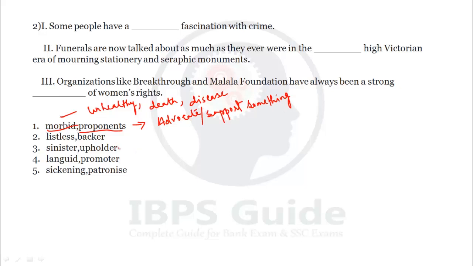Second option, listless. Listless means lack of energy.